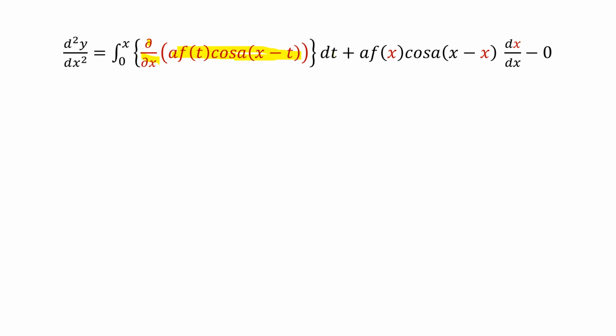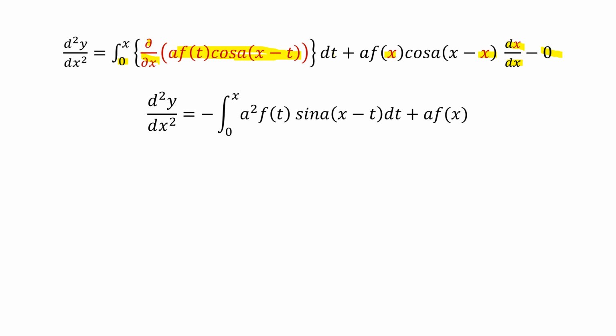Now you have to put in this whole function x in place of t, so you will get f of x, in place of t we put x, into cos of a(x minus x), and then the upper limit derivative with respect to x, that is dx by dx. Now again the lower limit is constant, so that term will be 0. Now again simplify it.